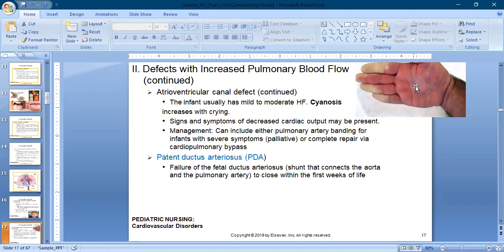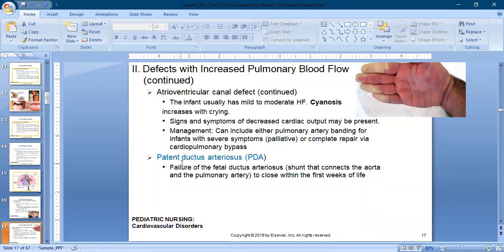You can see cyanosis. This is the cyanosis, blue discoloration because of lack of oxygen, and also signs and symptoms of decreased cardiac output. Okay.